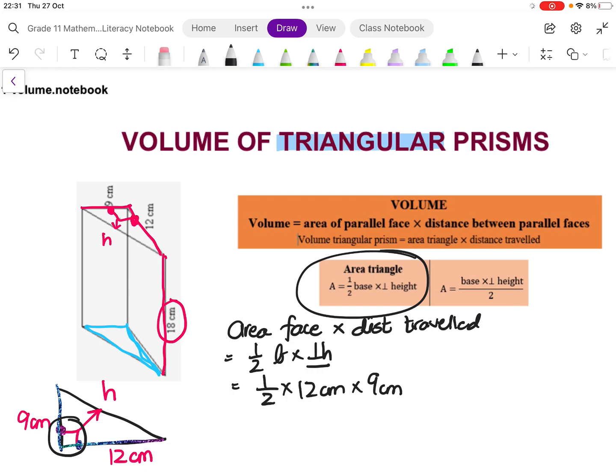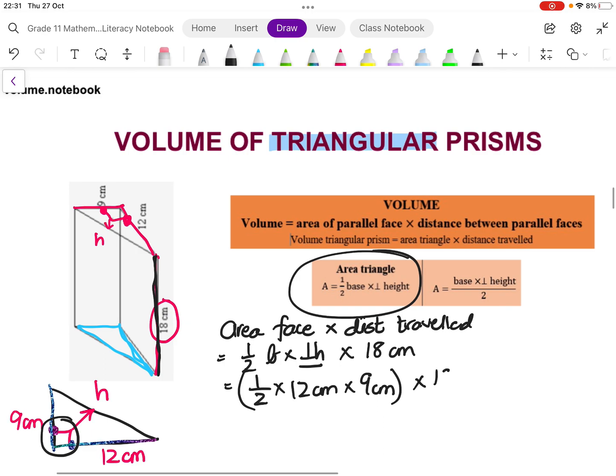Now, I need to just let you know that if you had written a half multiplied by 9 multiplied by 12, that is also correct. Okay, and the distance traveled, we said, was 18 centimeters. So I'm going to multiply the area of my one triangle, because I'm seeing how many of these must fill that. So it's the area of one triangle multiplied by 18 centimeters.